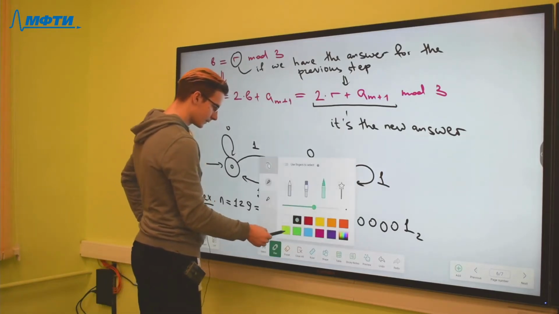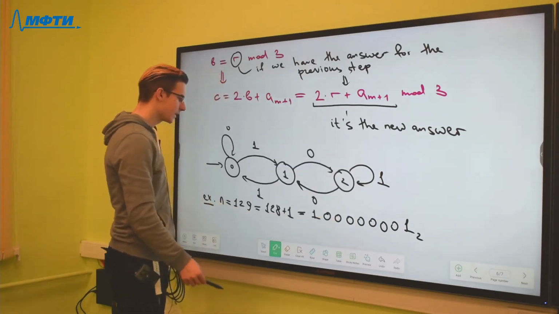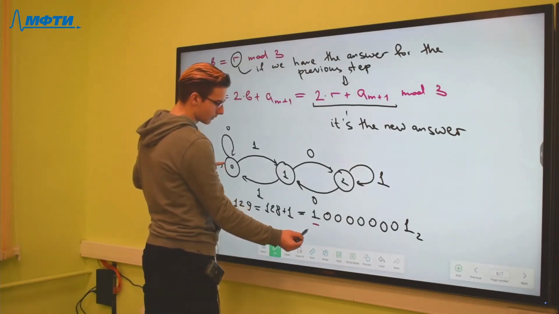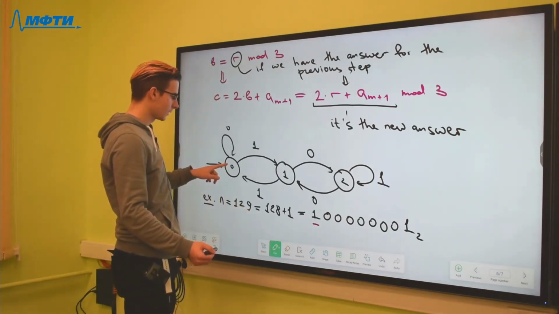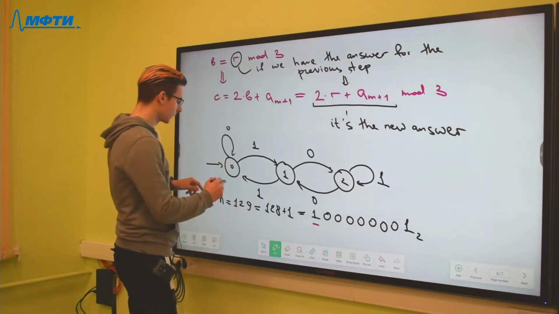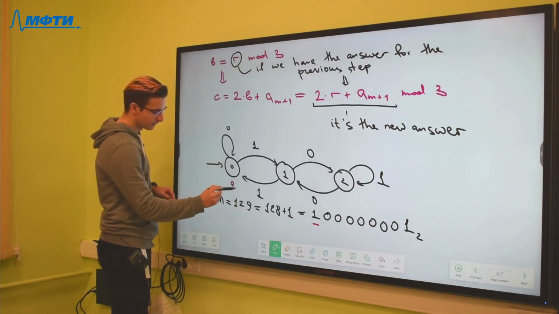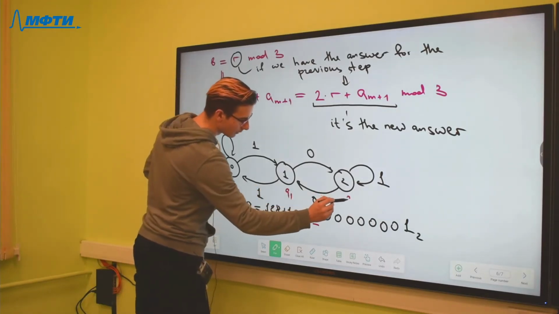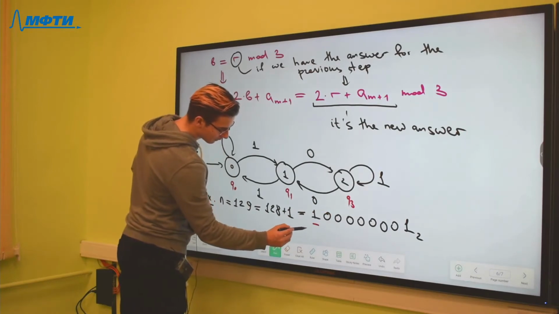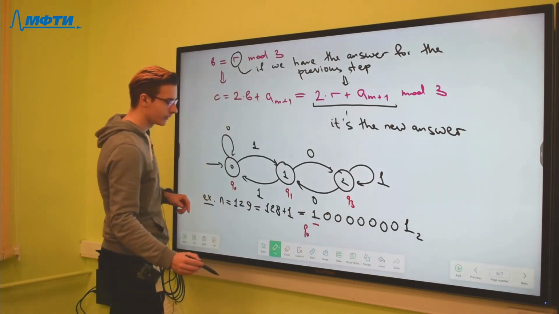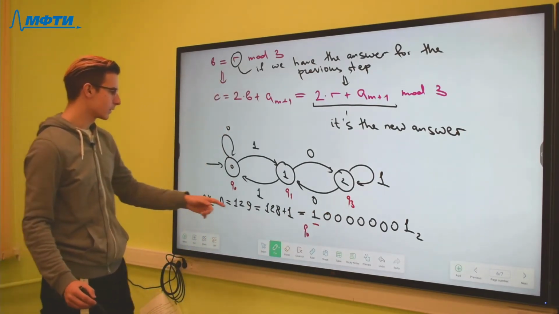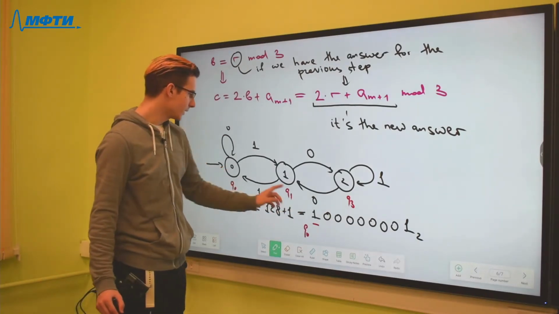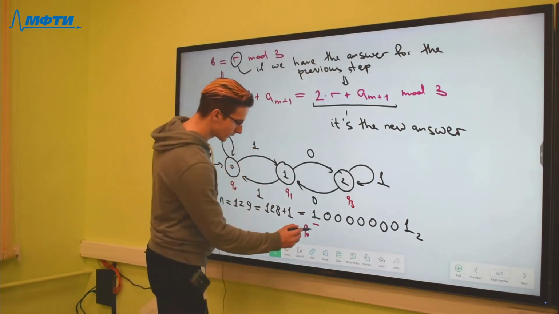So we start with 0, then we see 1. Here we were at this state, then we see 1 and we go to this state.